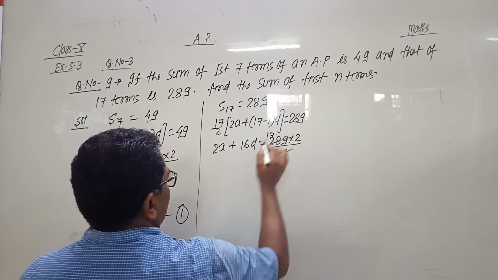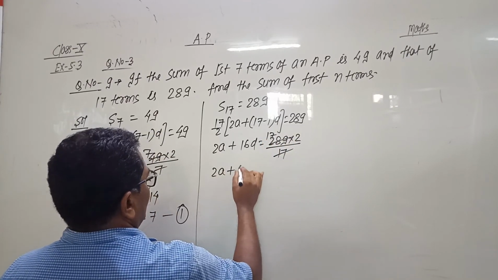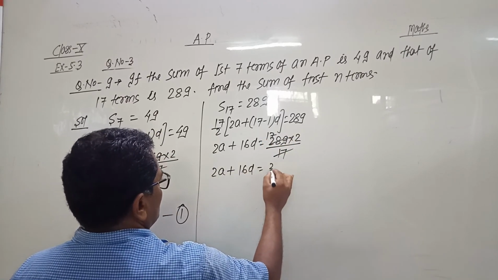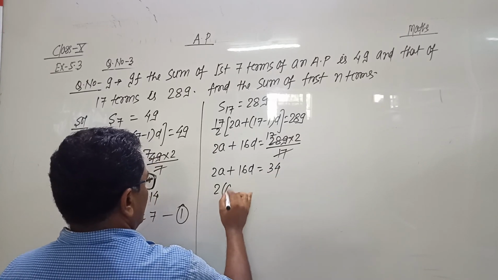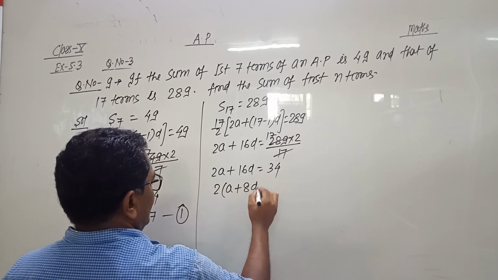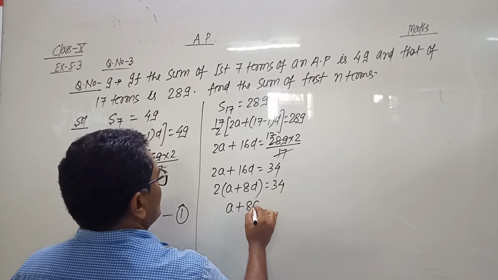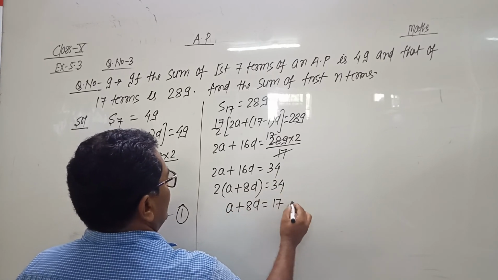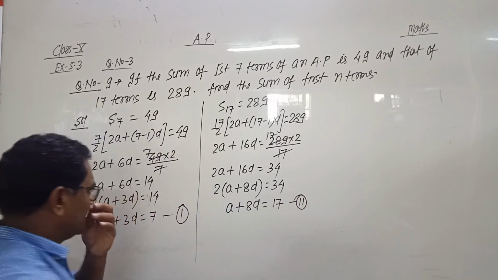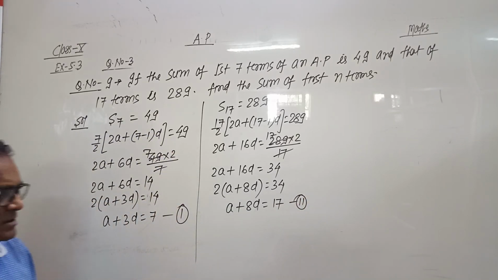It goes by 17. So 2a plus 16d equals 34. 2 is common, so a plus 8d equals 17. This is the second equation.